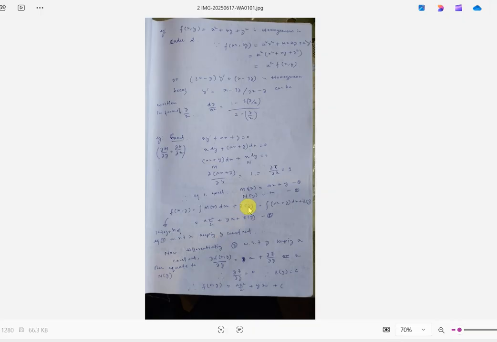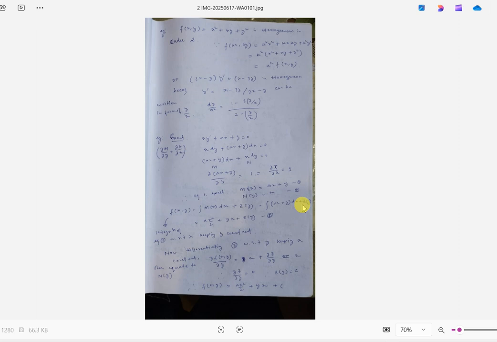So we will get a constant in terms of y. If we do that, then we will get ax squared by 2 plus yx plus a constant, which will be the constant z of y.